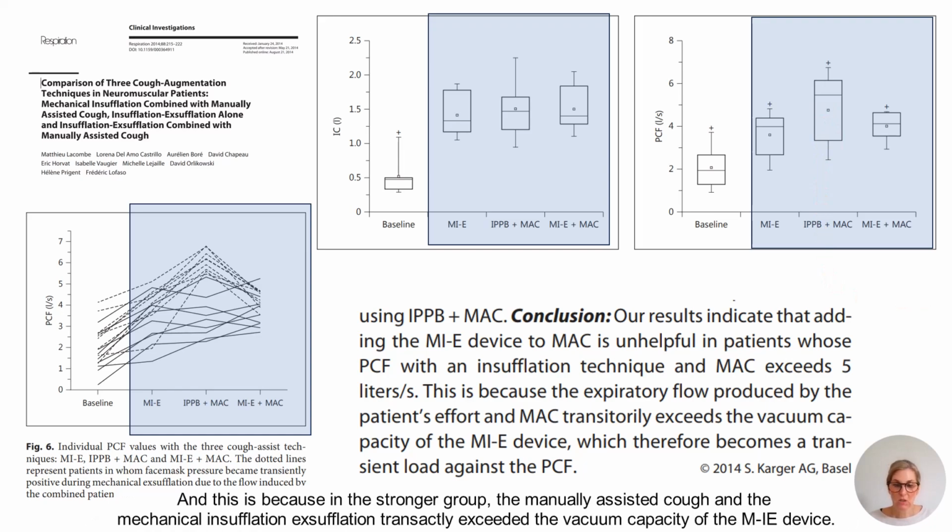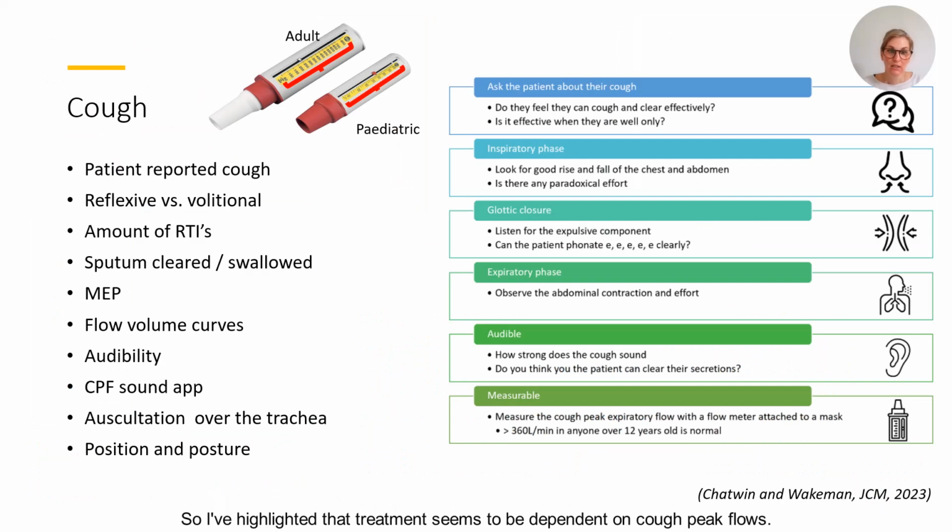And this is because in the stronger group, the manually assisted cough and the mechanical insufflation-exsufflation transiently exceeded the vacuum capacity of the MIE device. So I've highlighted that treatment seems to be dependent on cough peak flows.